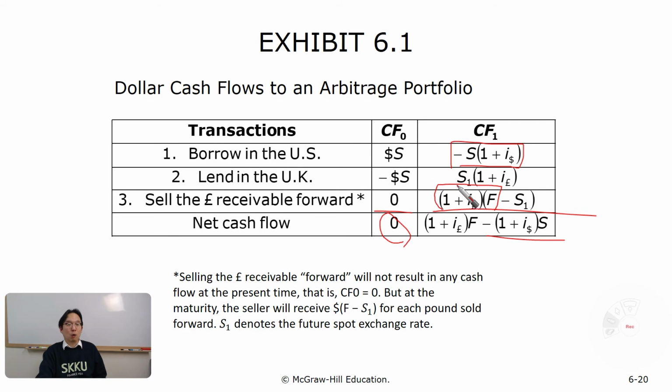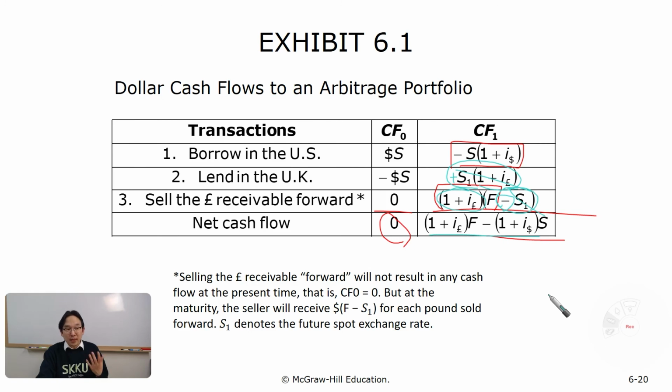Then what about S1, the spot rate 1 year from now, and then 1 plus the British rate? Well, that's this guy and that guy. See, this is minus and this is plus, so they cancel each other out. Disappears. Nice. So that's why you have this relation.